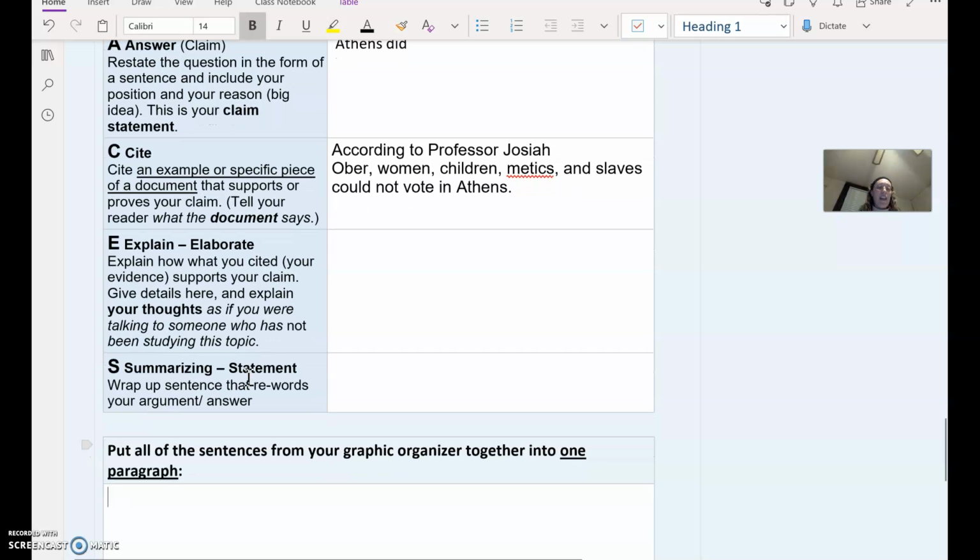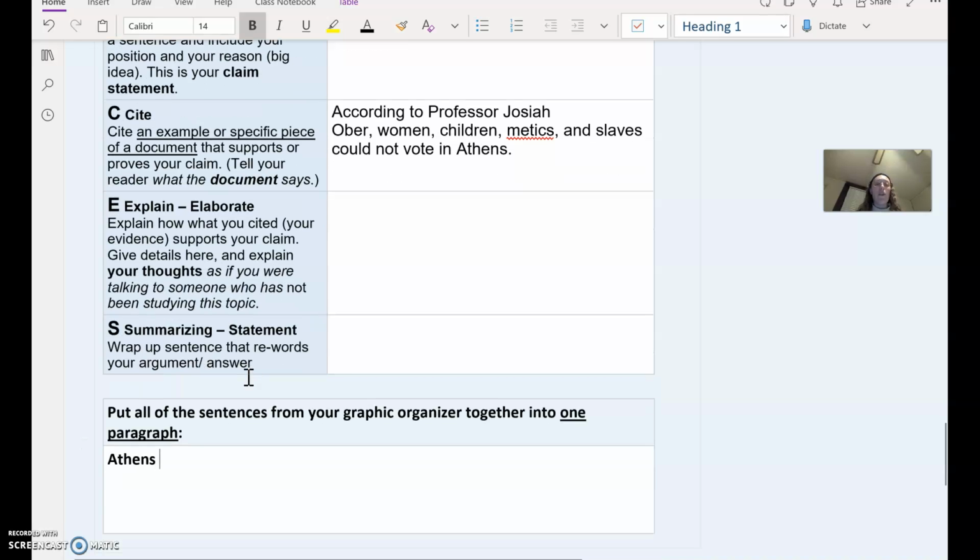So, now that you've filled in your whole graphic organizer, you are going to be working on typing it all into one paragraph. So you're going to start with your claim statement. And you're just going to type that out. I'm going to type out my claim statement here. There's my claim statement.